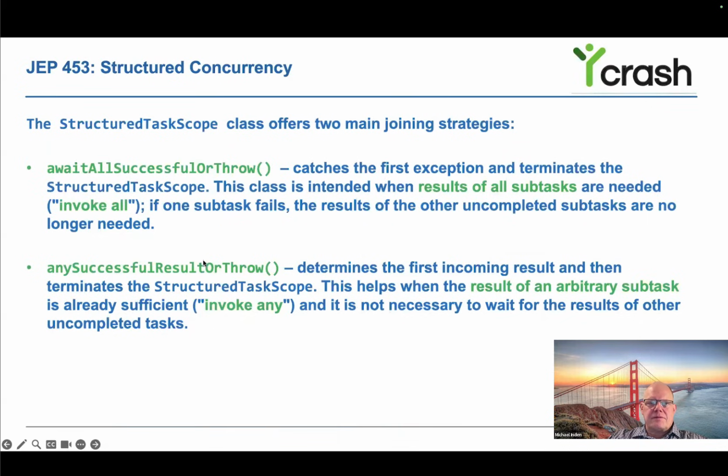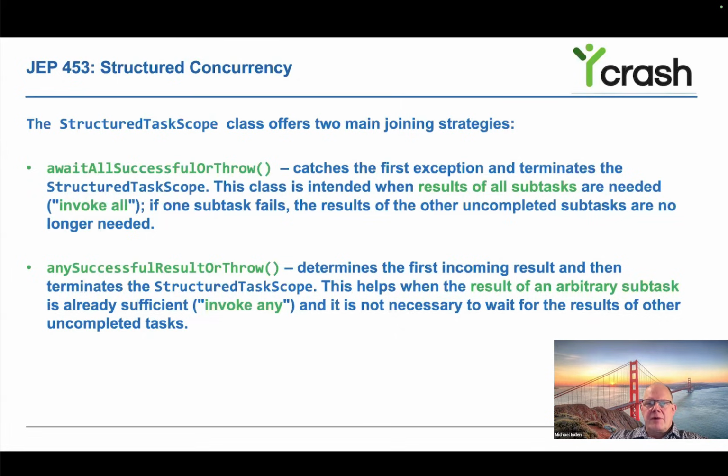But of course, there's also the possibility to have this any successful result, which is the idea: I invoke a lot of tasks, and I really do not need all of the results. I just need one result.